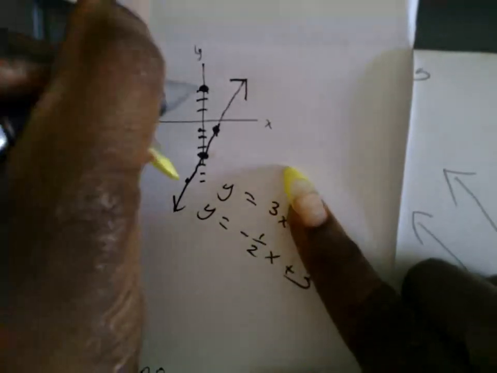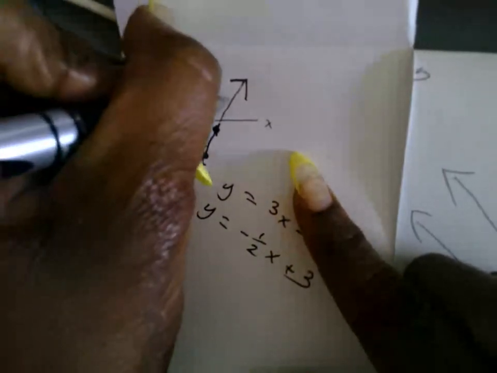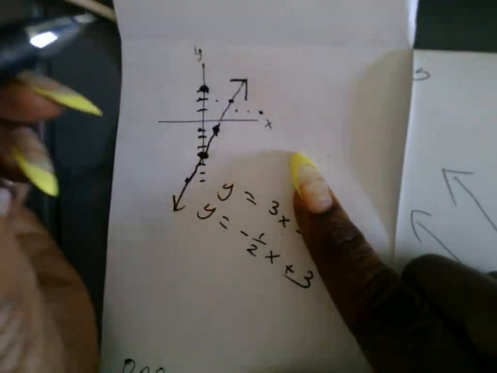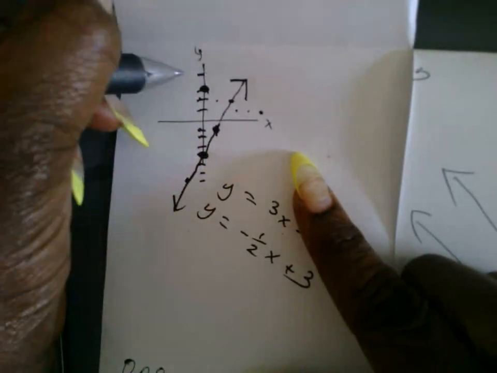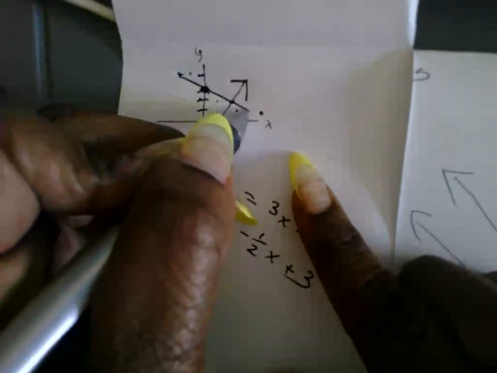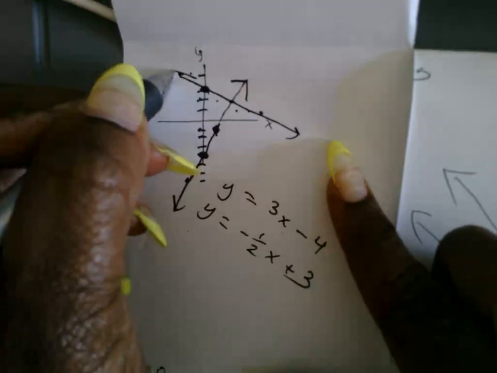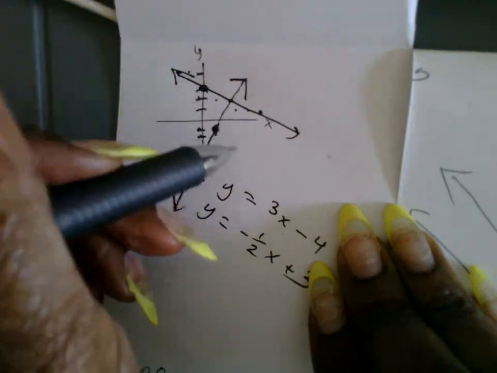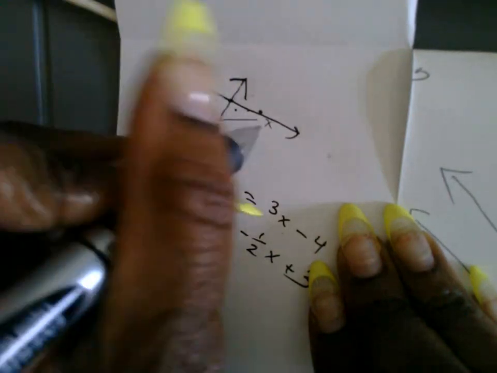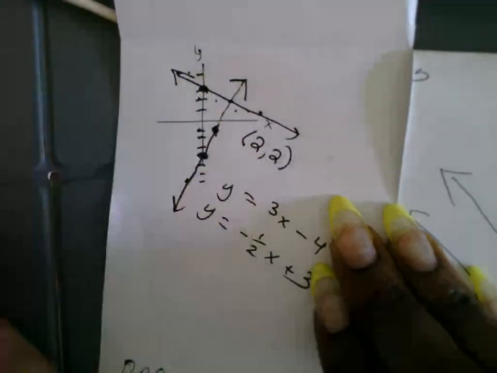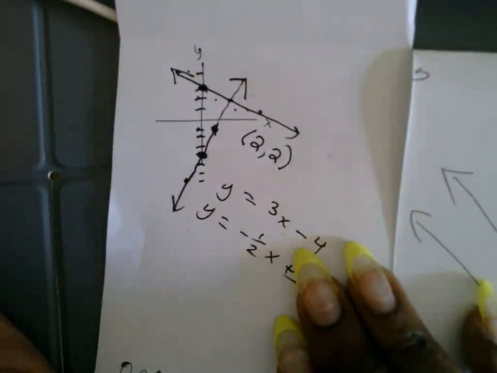So you're going to fall 1, run 2, fall 1, run 2, or you can rise 1 and go left 2. Connect them to form the line. So the two lines connect at one point. They intersect. And where they intersect is the solution, 2, 2.